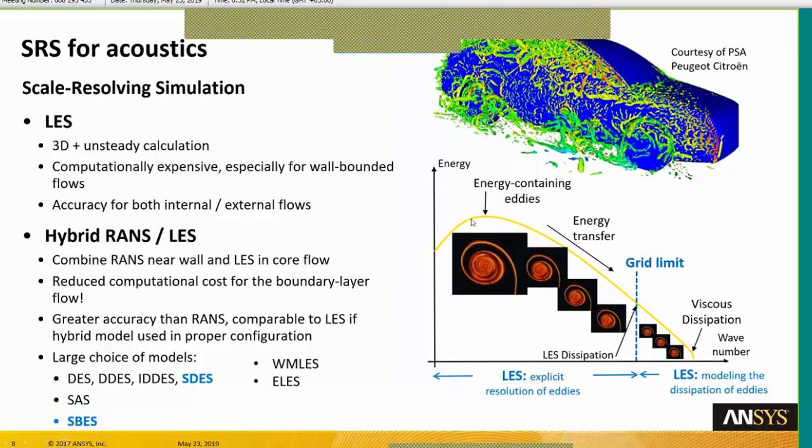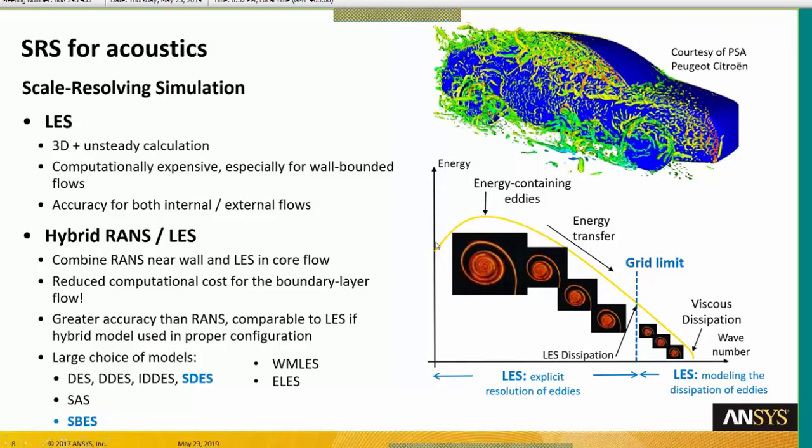The idea behind LES is represented here on this simplified 1D turbulence spectrum. We compare energy versus wave number, which is in fact an inverse measure of the eddy size. We have energy-containing eddies, which correspond to large eddies, and then we transfer energy along this inertial subdomain.